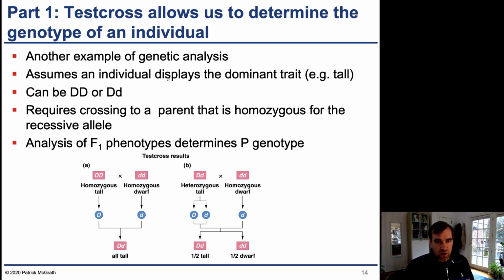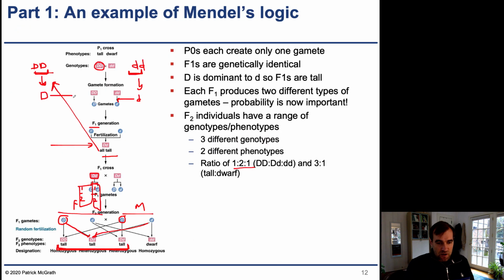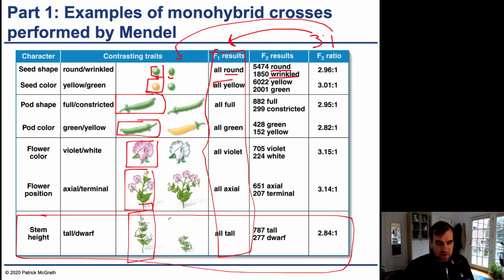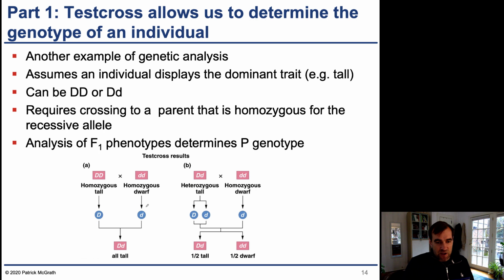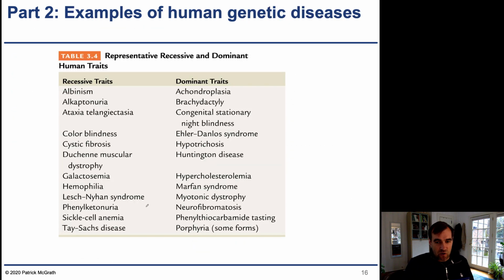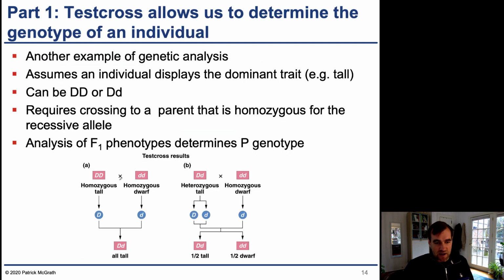As an example, let's say we have a tall individual. If I gave you that individual and asked what is the genotype of this individual? Well, there's some ambiguity because we know that the heterozygote and the homozygote both would be tall individuals. So is this individual big D big D, or big D little d?